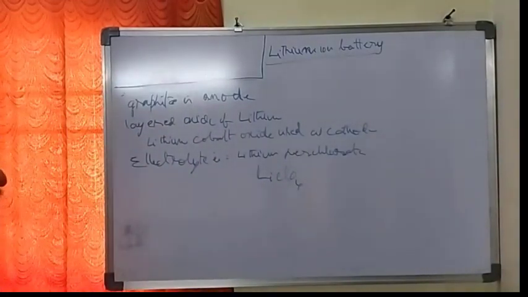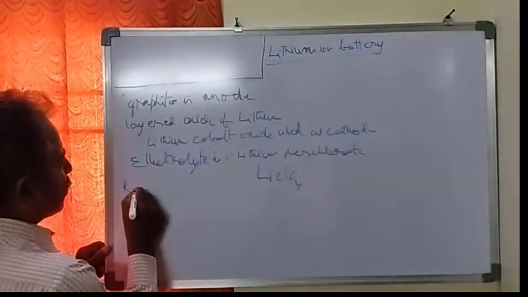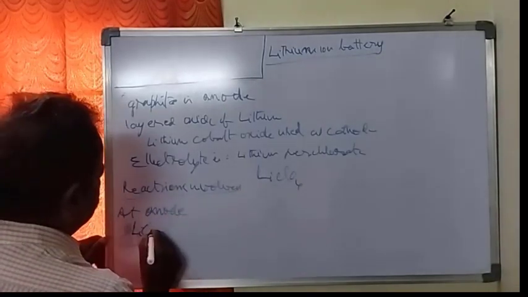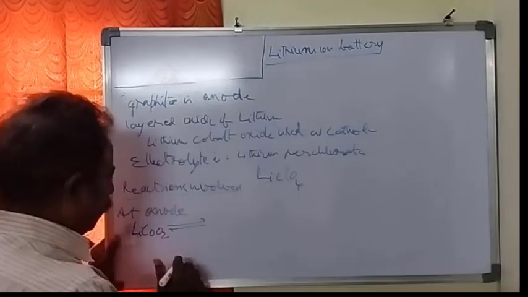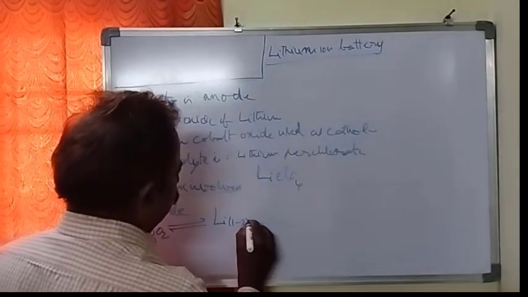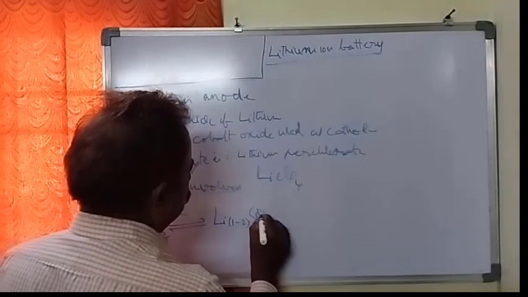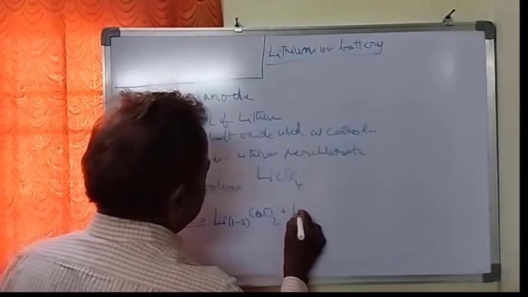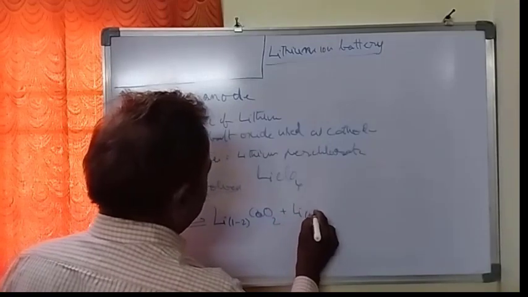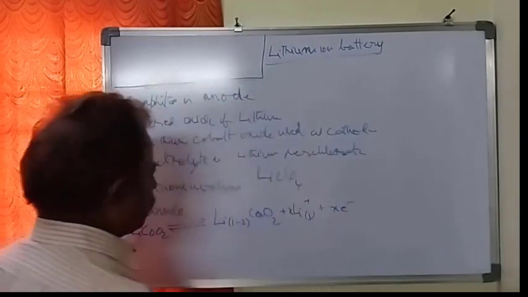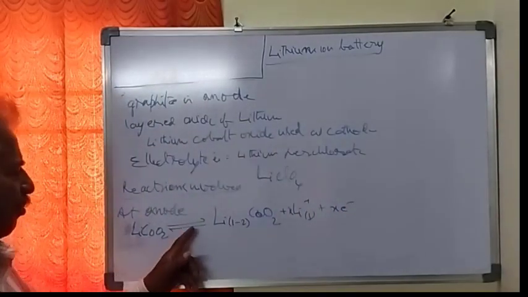Now the reactions involved in this, at the anode, lithium cobalt oxide, LiCoO2, gives Li(1-x)CoO2 plus x lithium ions plus x electrons. So this is the reaction at anode.